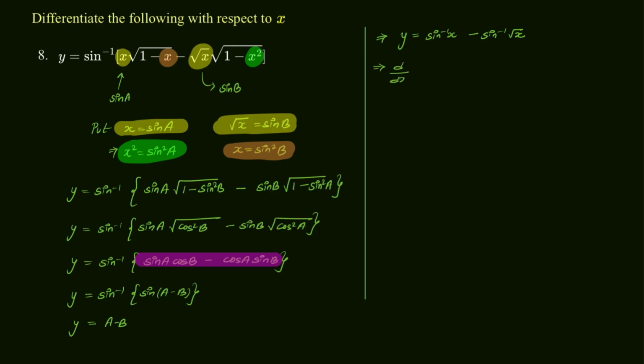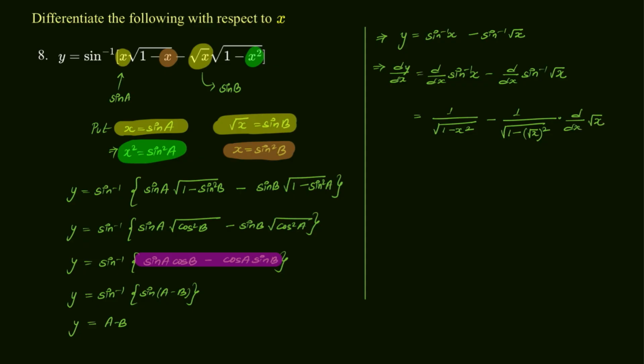Then we will have d/dx of y equals d/dx of sine inverse of x minus d/dx of sine inverse of root x. d/dx of sine inverse x is 1 by root over (1 minus x square), minus, here using the chain rule, I'm considering root x as the variable, then the derivative of sine inverse will be 1 by root over (1 minus root x square), and again I have to differentiate root x.